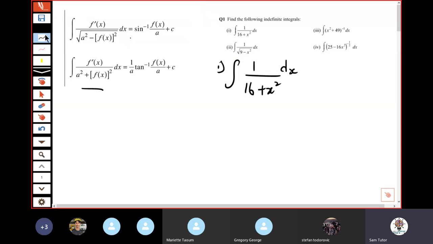Square root of 16 is 4 in the denominator, so I left it there. And then I still got square root attached to all of this. Then I took a quarter out, and then I'm left with this, which now I know it is an inverse sine. So my answer is a quarter inverse sine x on a being 5 on 4, and then just multiply it up, 4x on 5.